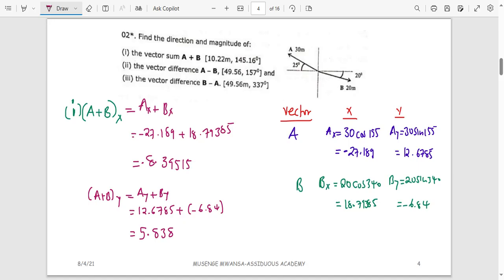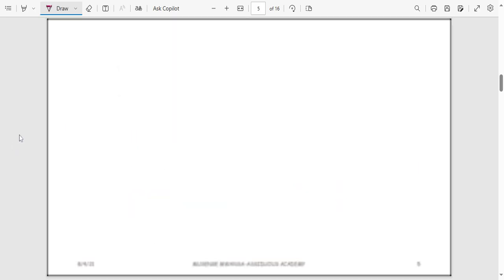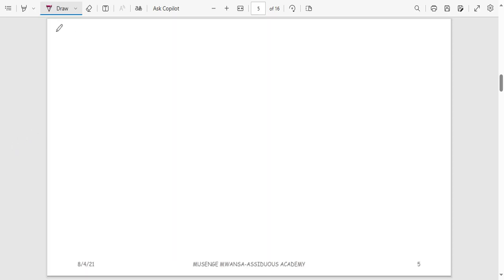Remember, because it's a vector, we're supposed to find the magnitude and direction. So how can we find the magnitude of a plus b? This is still part I, right? The magnitude of a plus b is the square root of the x component squared plus the y component squared.